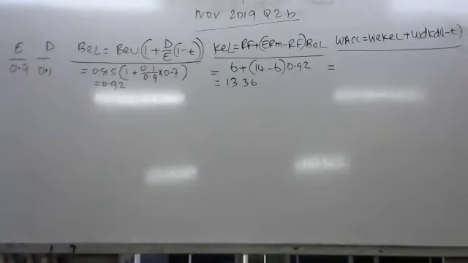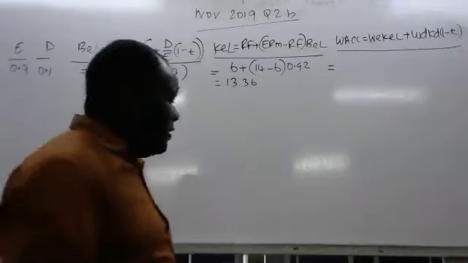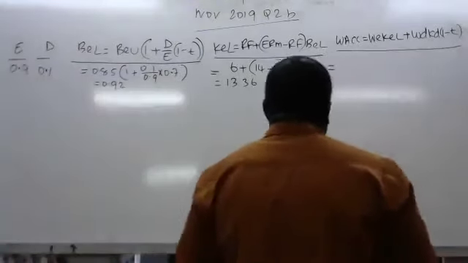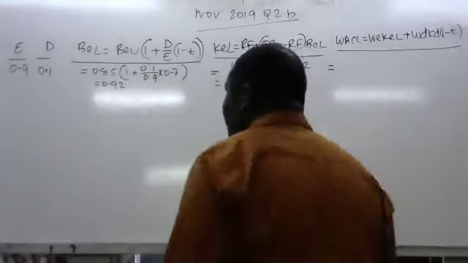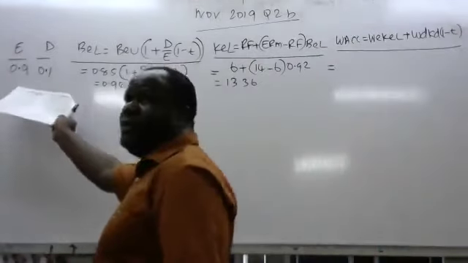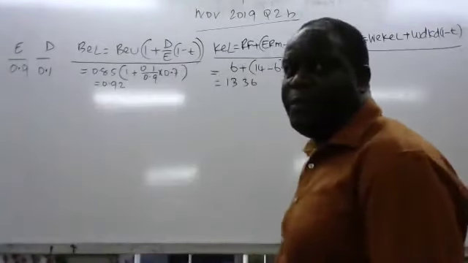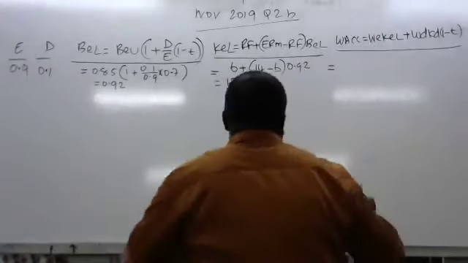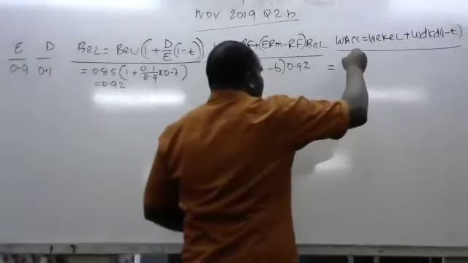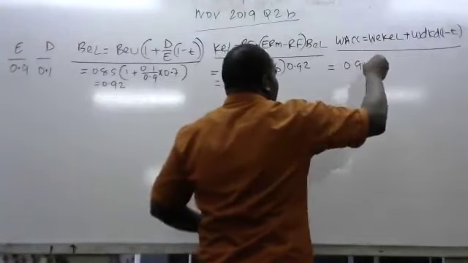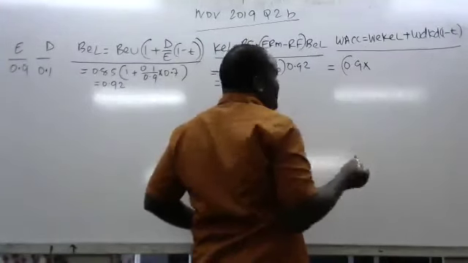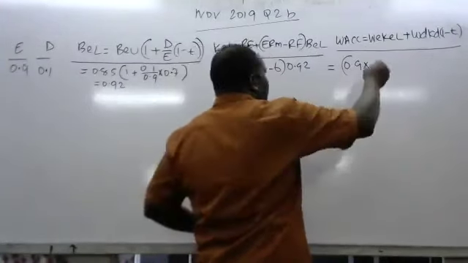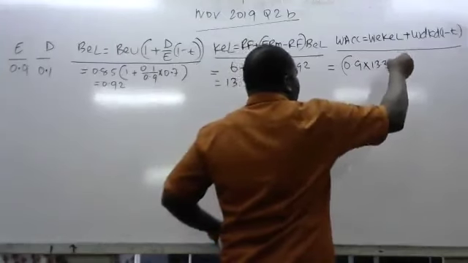To compute the WACC, the weight for equity is 0.9. So we take 0.9 multiplied by KEL. KEL is 13.36.